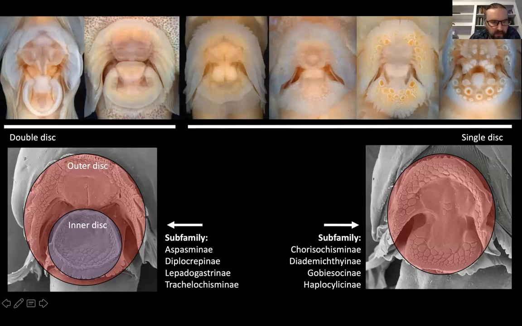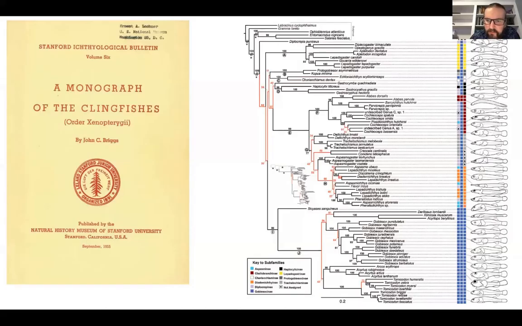So he recognized clingfishes that had a double disc and clingfishes that have a single disc, and then based on the configuration of the disc, he placed them into several subfamilies. But unfortunately, recent work has shown that many of these subfamilies may not be monophyletic, so they may have to be revised.